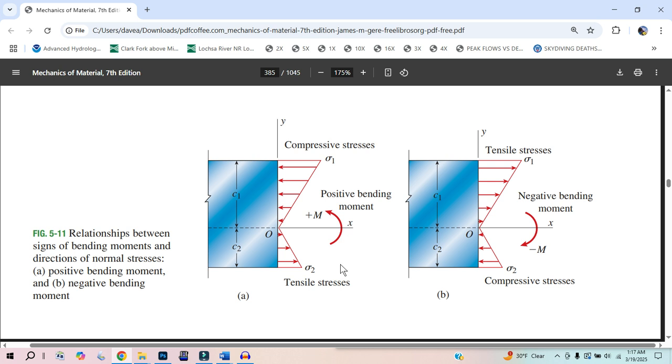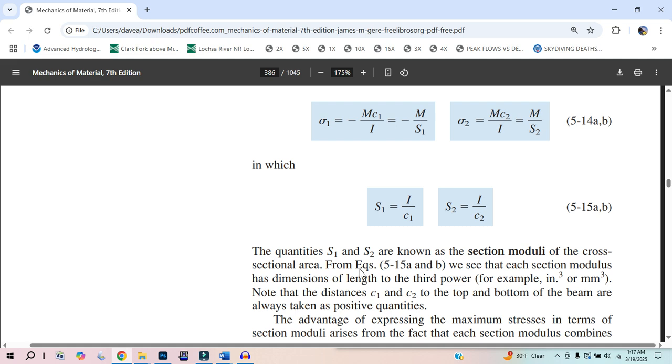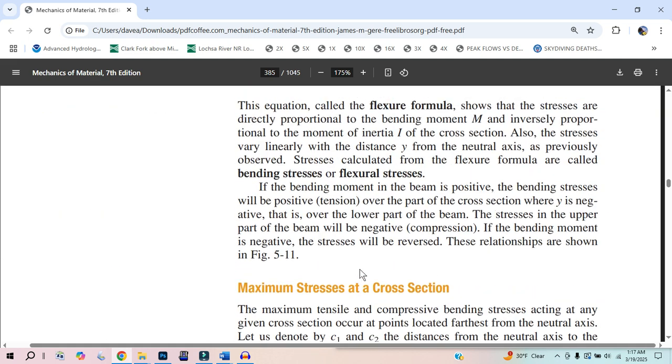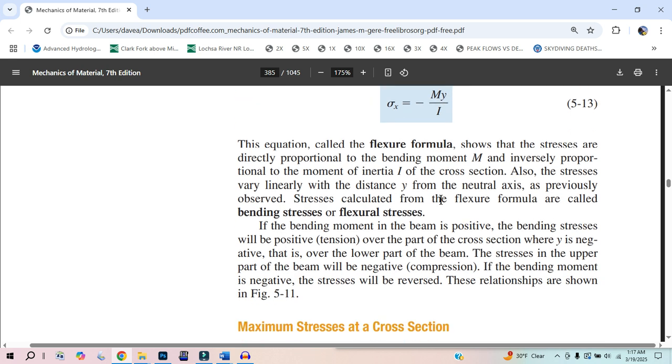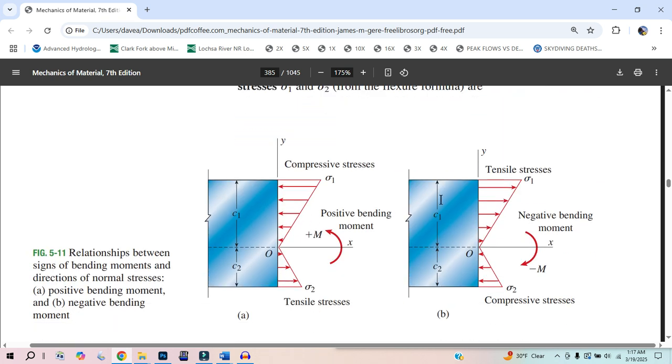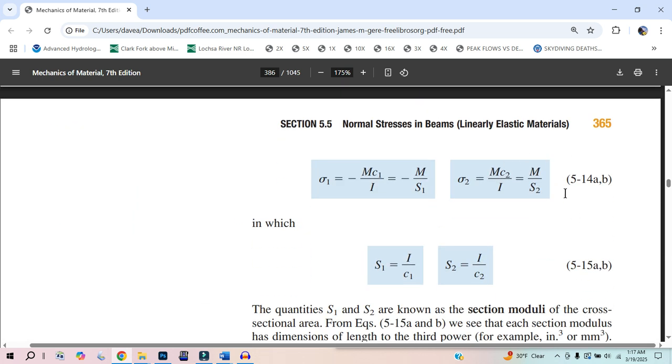So I have the equation sigma is equal to negative My over I. Let's go back up to here and throw a negative C2 in here. I'm going to have negative M times negative C2 over I, so it's going to be positive M C2 over I. I'm saying I divided by C2 is just the section modulus S2. So that's what they have there. That's why this one doesn't have a negative. This one has a negative.